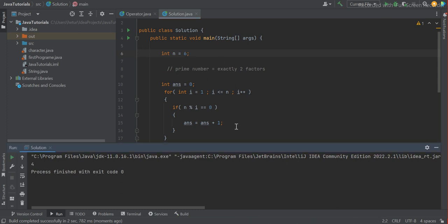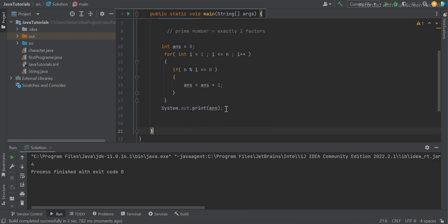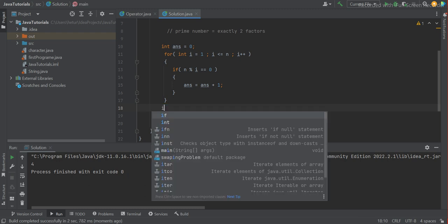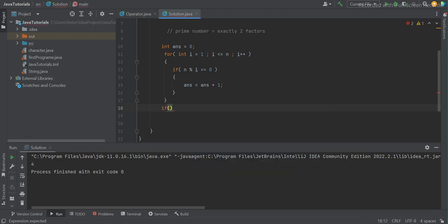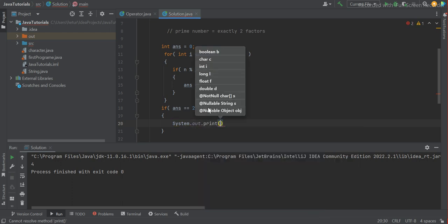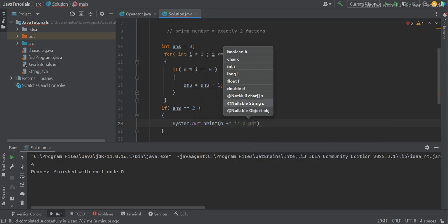Which is correct, right? So after getting the count of factors, I have to again use an if else condition. If answer, which means factor, equal to 2, then only it is a prime number, right? Then I say System.out.print n is a prime number.